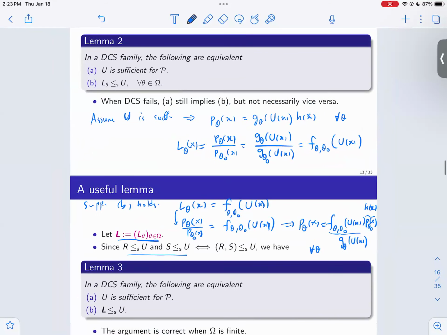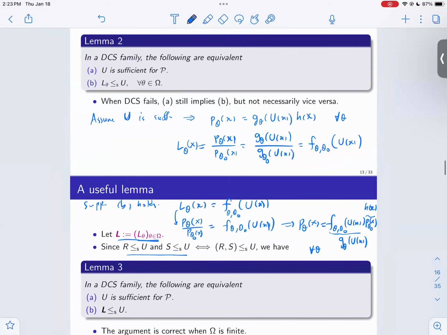On the face of it, it doesn't say anything about your statistic, it just says that if this holds, then the other one holds. So it's an equivalent characterization of sufficiency. But you can apply it to L itself, and this proves that L itself is sufficient. Okay?